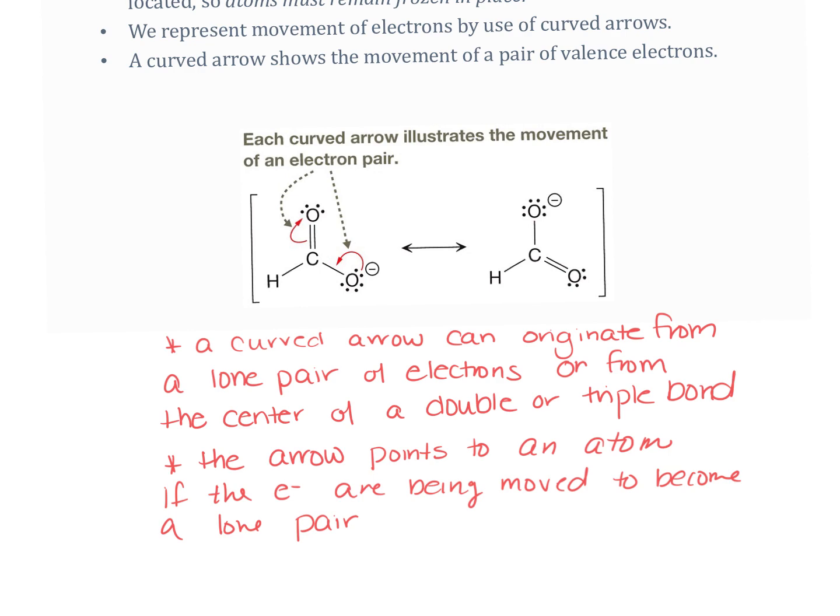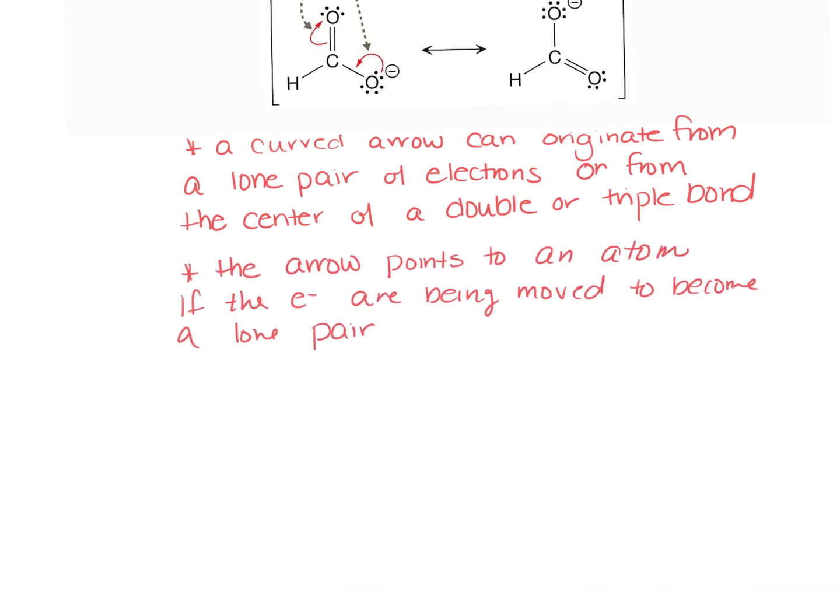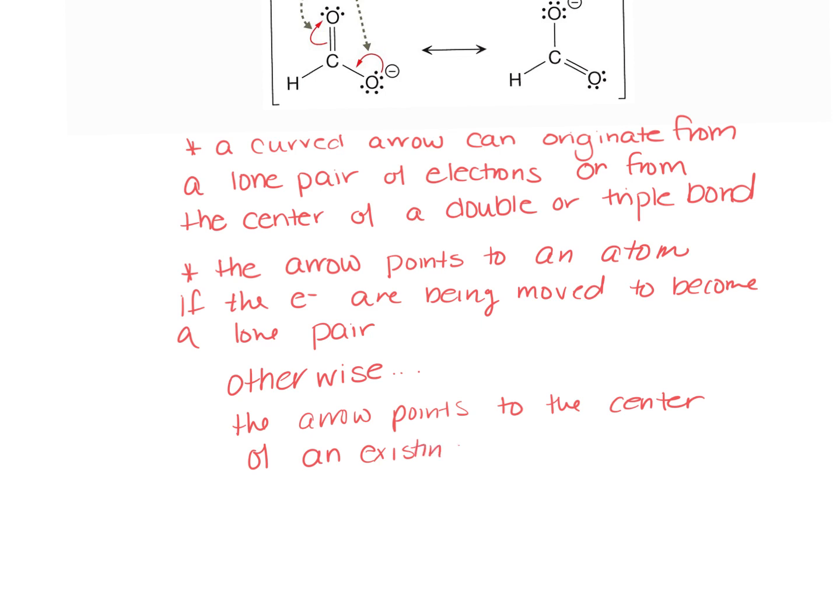Otherwise, the arrow points to the center of an existing single or double bond, right? And that represents the formation of a new double or triple bond.